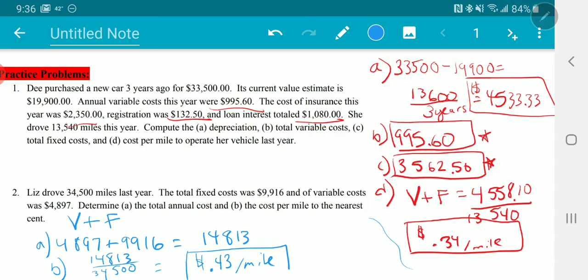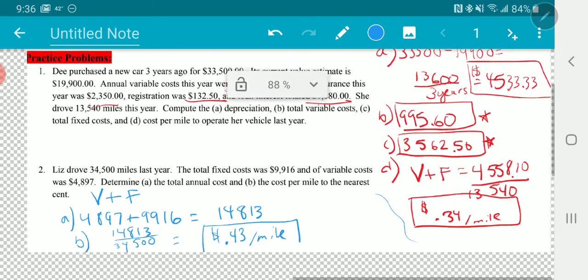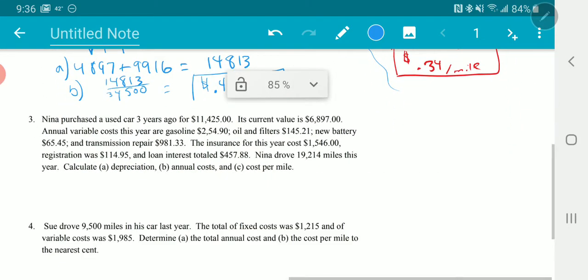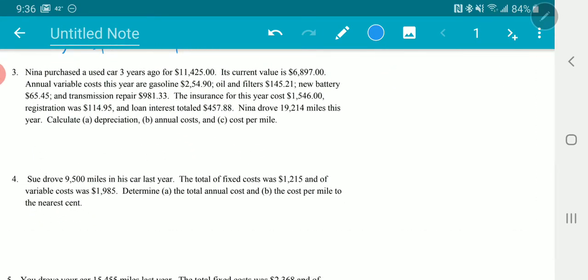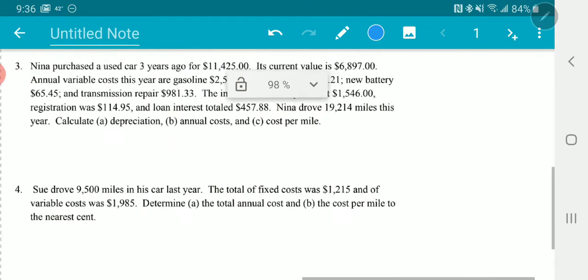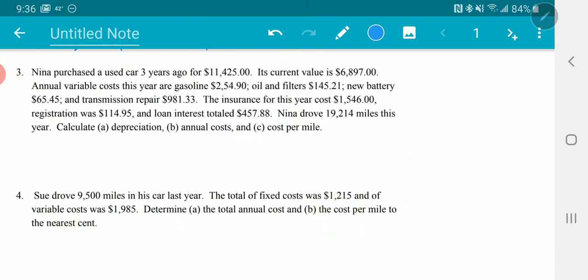Question number 3 looks a lot like question number 1. If you're confused, those two questions are very similar. They have the same type of work. First thing you need to do is calculate that depreciation. So for part A, we're looking at the starting cost, which started at $11,425. It now is worth $6,897.